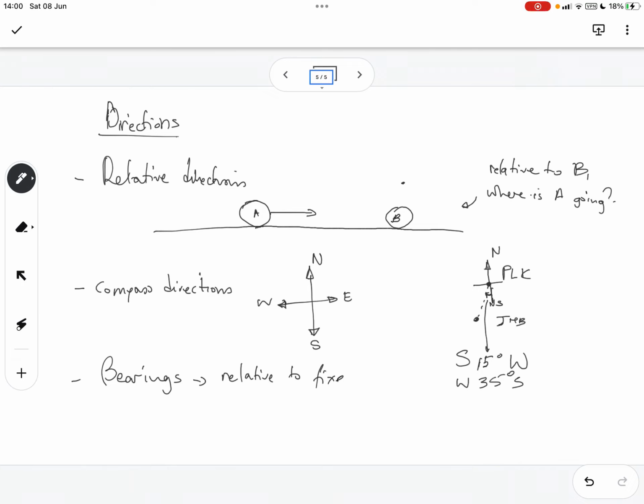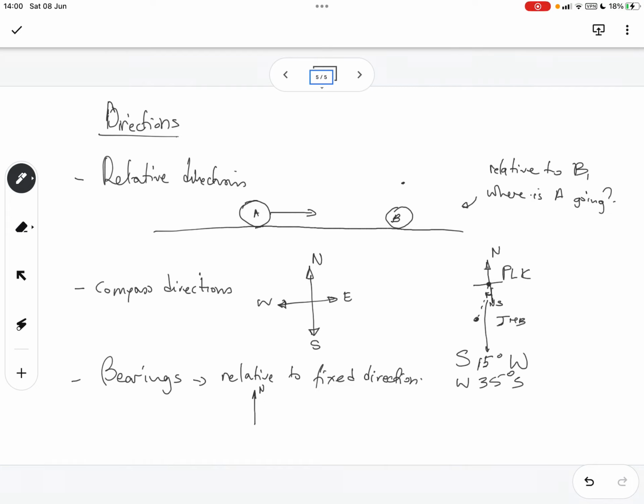Then lastly, we have a bearing. And a bearing starts from north. So bearing is relative to a fixed direction, and that direction is usually north, right?